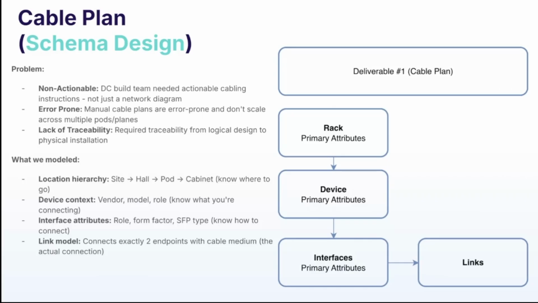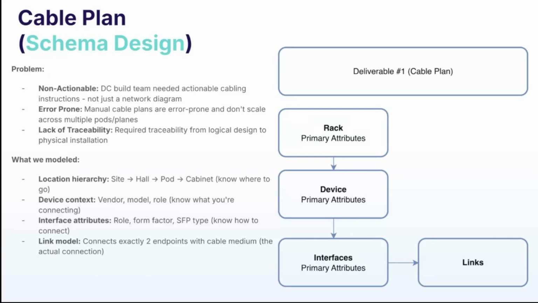So what we needed to model for this part of the project: a site, a hall, a pod, a cabinet, to know where the device goes. We had some device context, so we had vendor models, manufacturers, and the role of what we're connecting, whether it's a spine, a leaf, a super spine, for example, whether it's a firewall, an access switch, etc. We have roles for all of that.